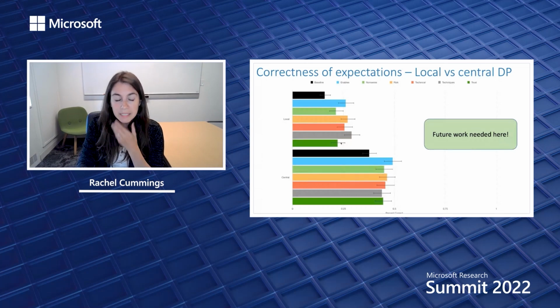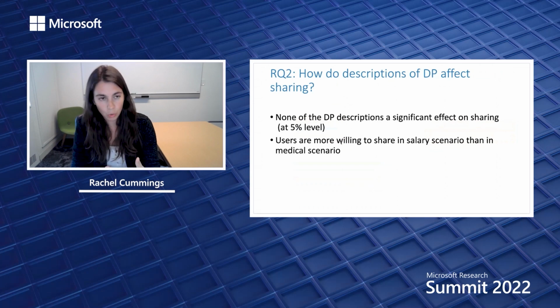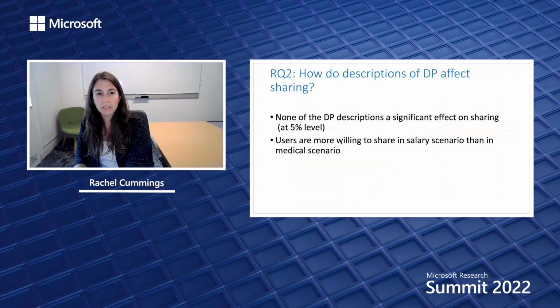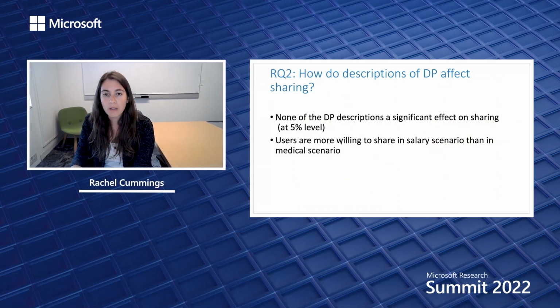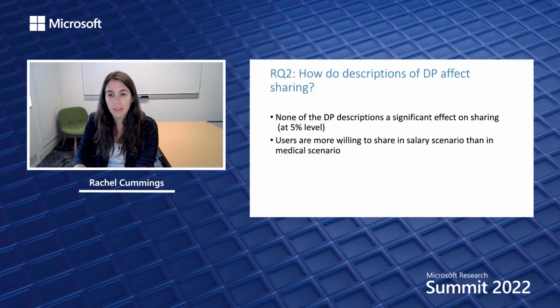And we're going to come back to this in a couple slides, but I first want to address research question 2, which is how do these privacy descriptions affect information sharing? And we saw, in fact, none of the privacy descriptions had a significant effect on people's willingness to share. None of them across the board.